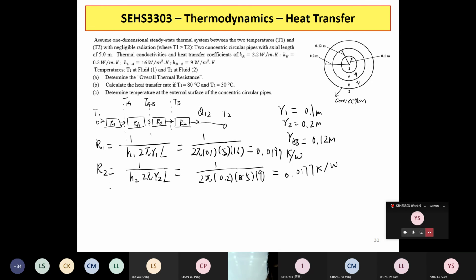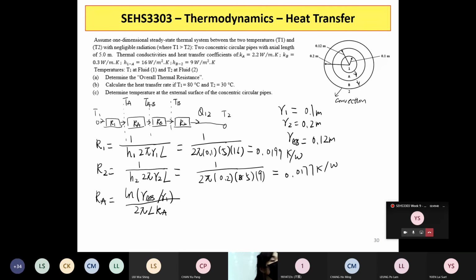Now let's calculate RA and RB. RA equals what? RA equals ln RAB over R1, times 2 pi L Ka.